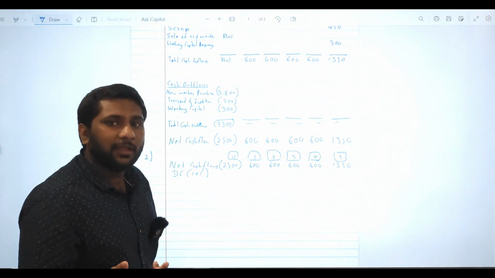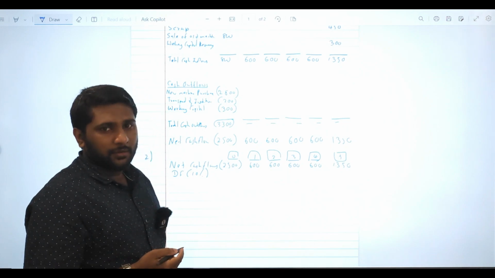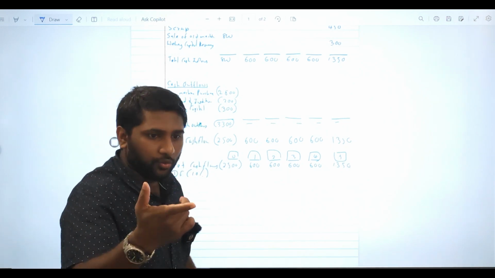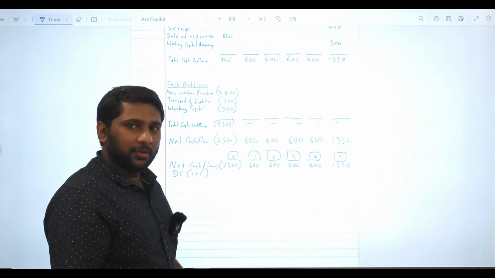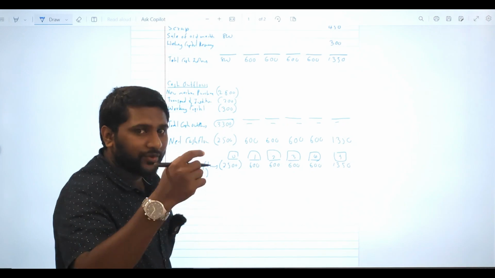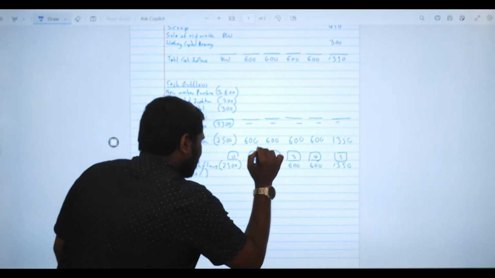1. So what is the meaning of the discounting factor? What is today's value of 1 rupee? If I am giving 1 rupee after a year, today's value of that 1 rupee is 0.91.